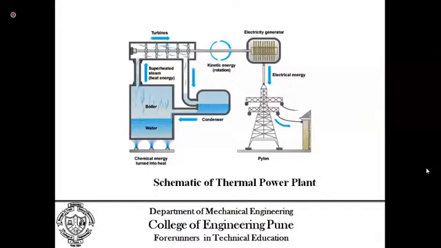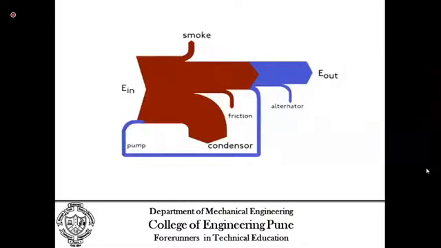But when we see this thermal power plant in reference to the energy input and energy output, or you can say what is the efficiency of this thermal power plant, then the method to determine this efficiency is called the indirect method of efficiency determination, where the losses are calculated. This is the Sankey diagram for a thermal power plant.